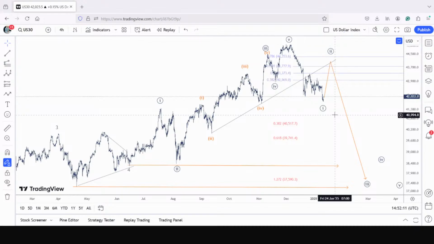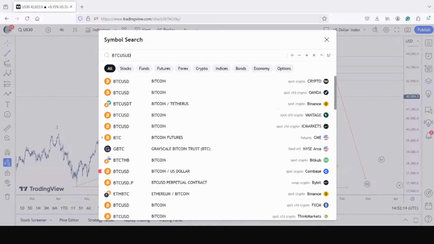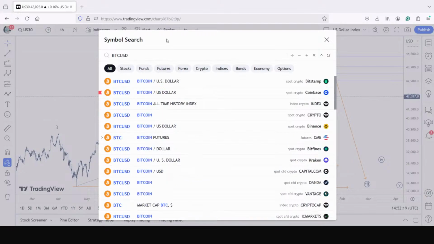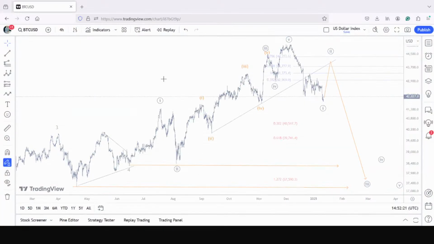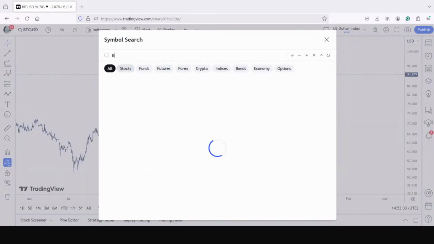All right, time for the coins now. Whether we believe it or not, it's taken us out with a stop loss of 90.